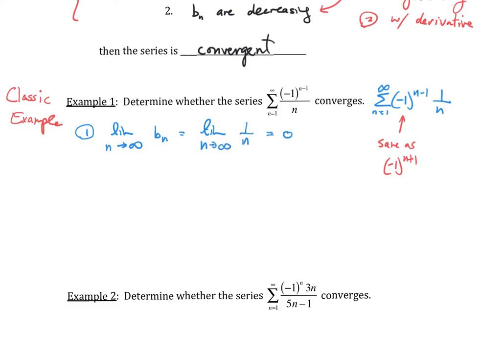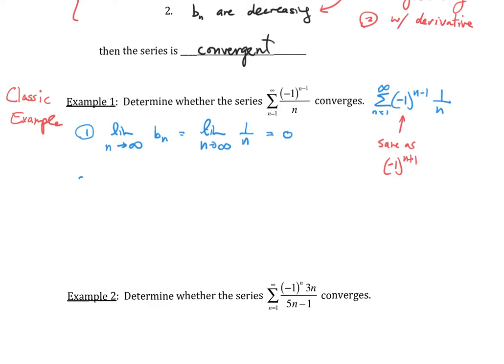And we can clearly see that this is going to go to 0 because the top is a constant and the bottom is getting bigger and bigger. So it's like if you share one piece of pizza with 2 friends, 3 friends, 20 friends, an infinite number of friends, you're going to have very little pizza left over for yourself.